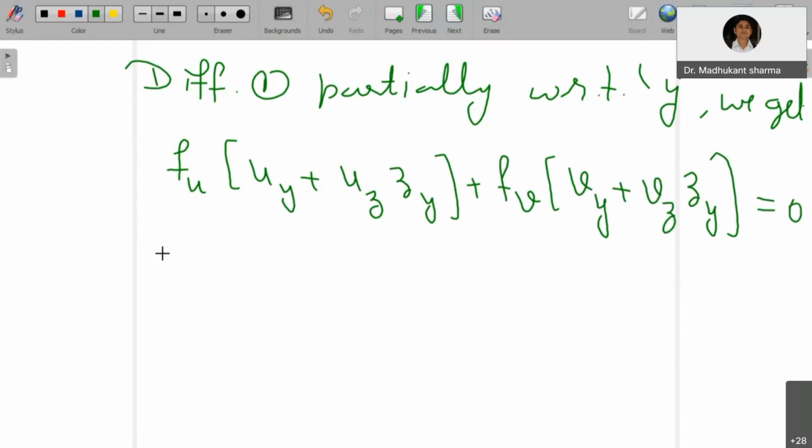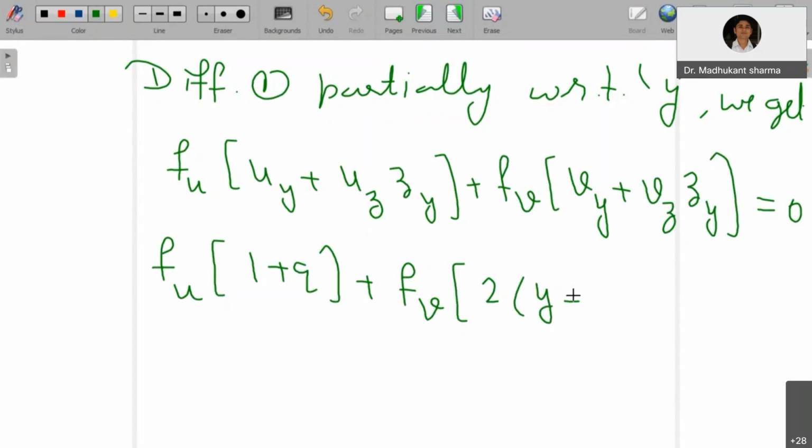Now you have all the information. You can substitute: uy is 1, uz is also 1, plus q, plus fv times 2 times y plus qz equals to 0. So this is the third equation.